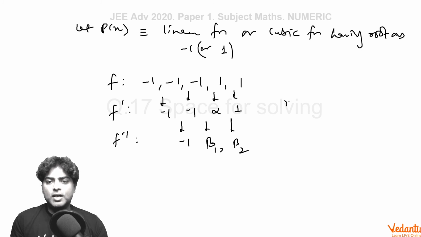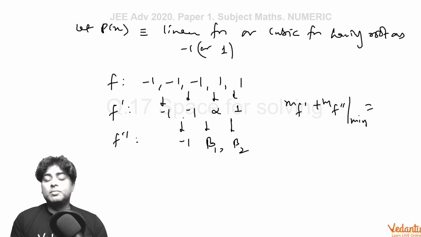So m_f dash in this case is the minimum number of distinct roots. If I talk about distinct roots, it is minus 1, alpha, 1, that is 3, and for f double dash it is minus 1, beta 1 and beta 2, that is also 3, so it is 6.